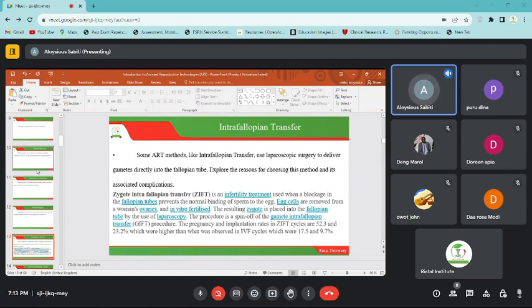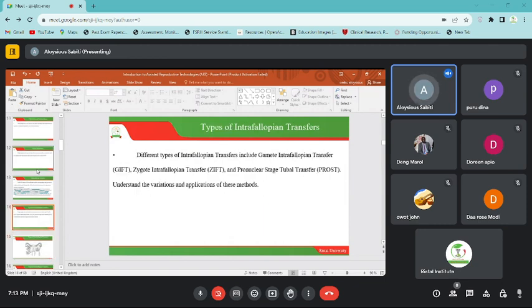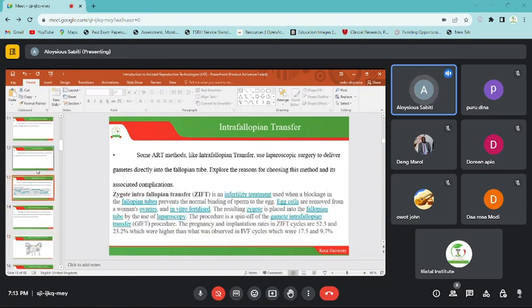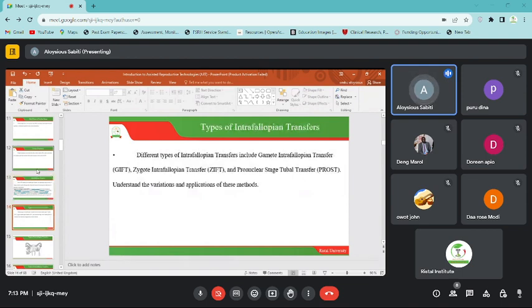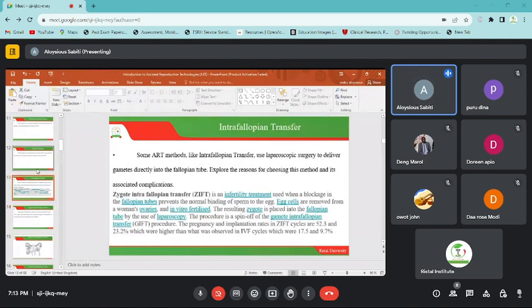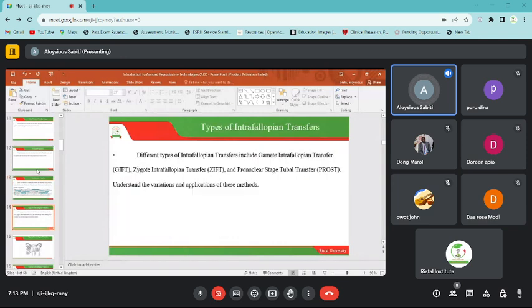There's what we call the zygote intrafallopian transfer and what we call the gamete intrafallopian transfer. Just like you're able to see here, we were able to look at the method through which this particular transfer occurs. And we said the types as here, there's gamete and zygote and the pronuclear stage tubal transfer.